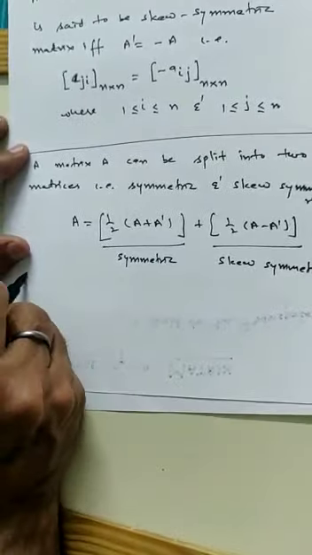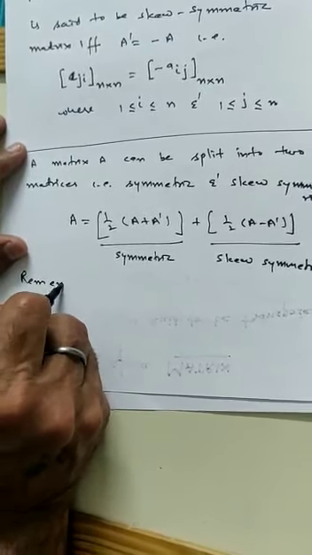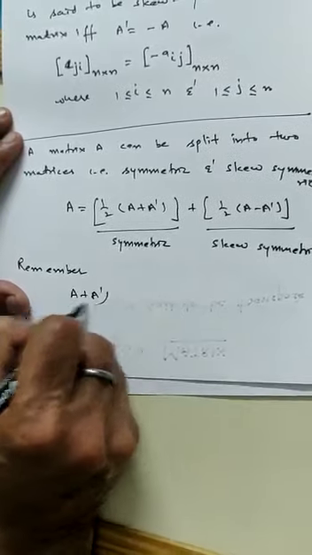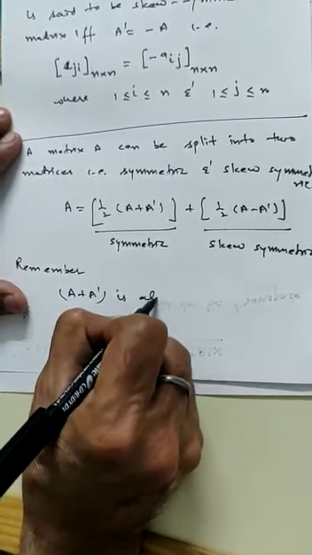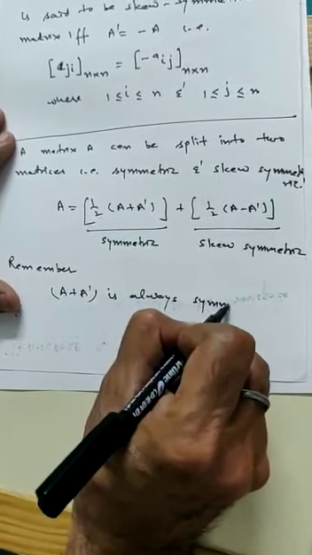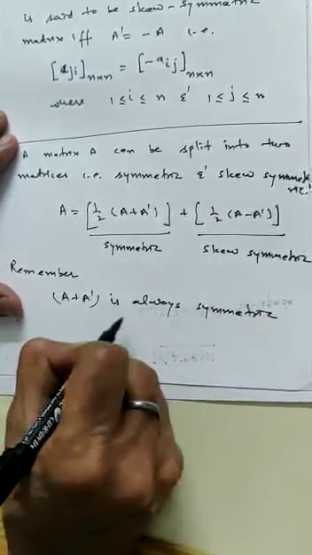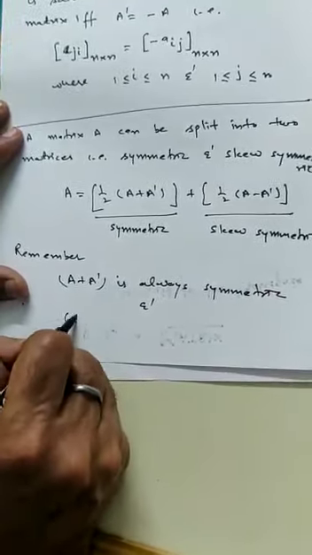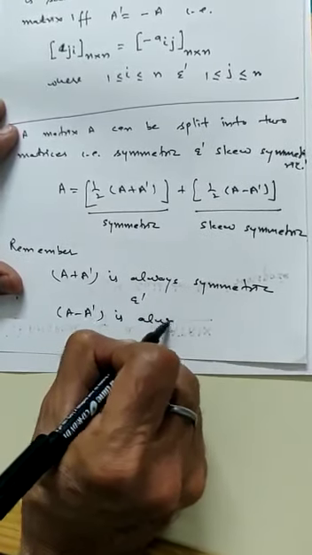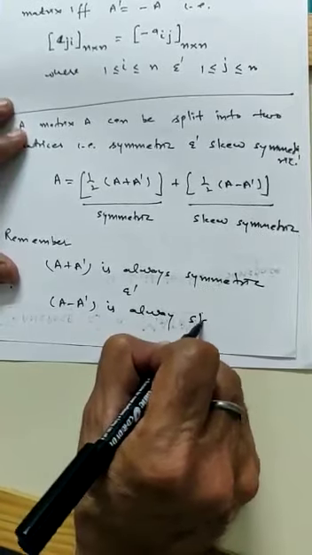So remember, A + A' is always symmetric and A - A' is always skew symmetric.